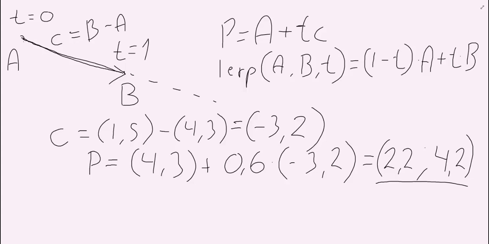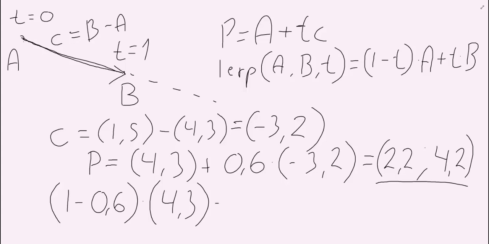Another would be saying the linear interpolation would give us instead 1 minus 0.6 times 4, 3 plus 0.6 times 1, 5.